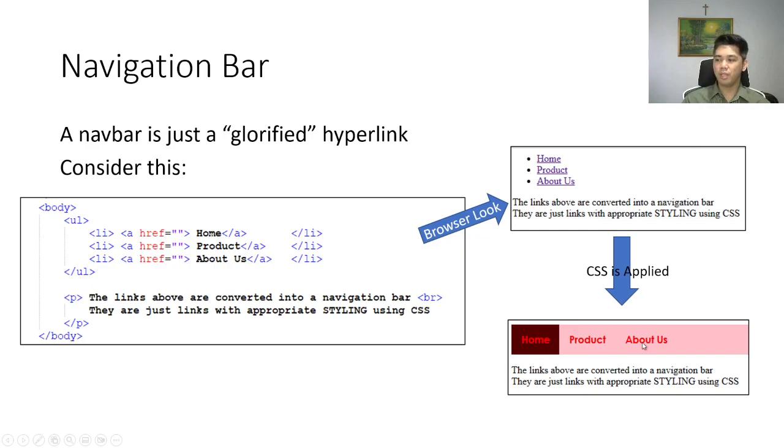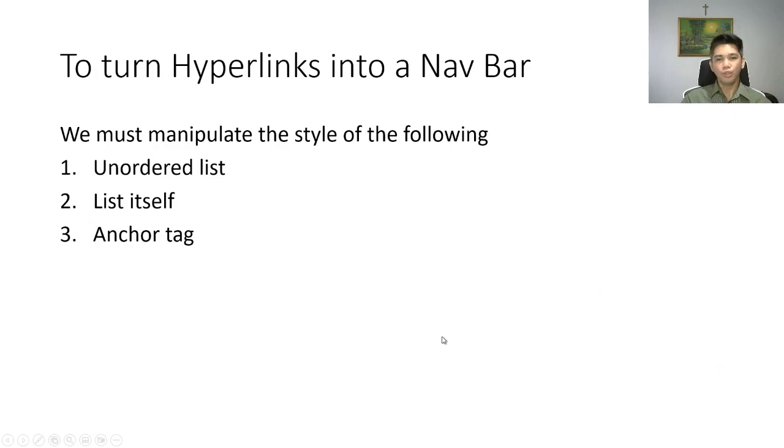So you see here, the ordinary hyperlink became a set of links with design. It became a navigation bar. To convert these hyperlinks, we must manipulate the three different tags used. First is the unordered list, second is the list item, and the third is the anchor tag.